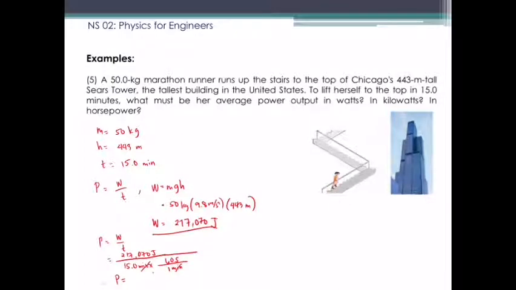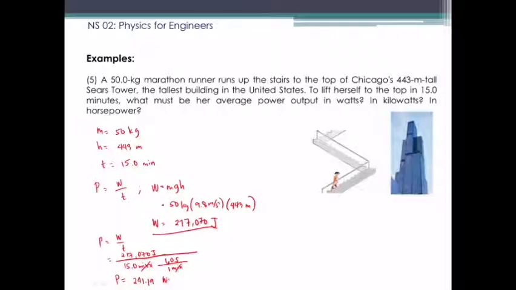So, the seconds cancel, and your unit for power should be in watts. 241.9 joules per second, or watts.